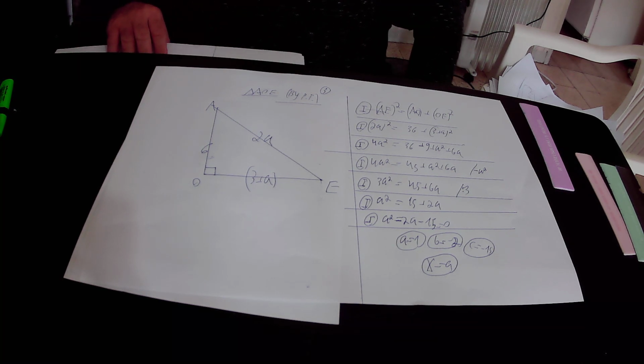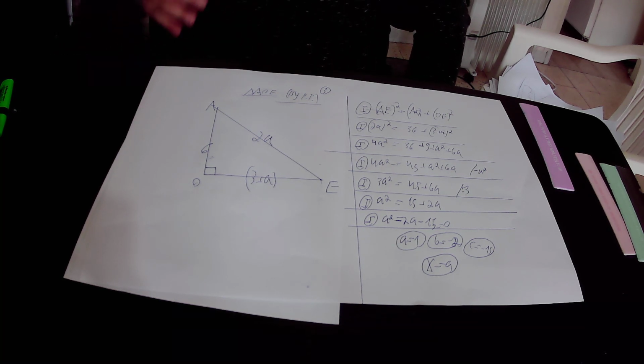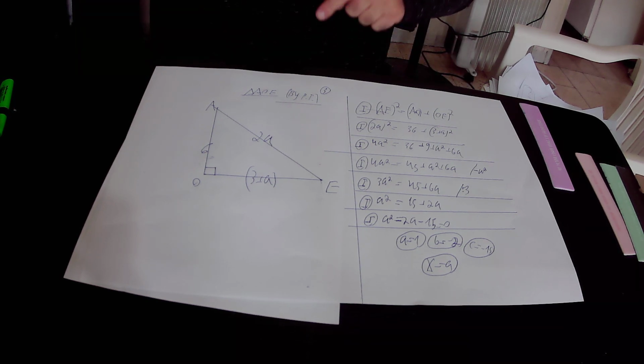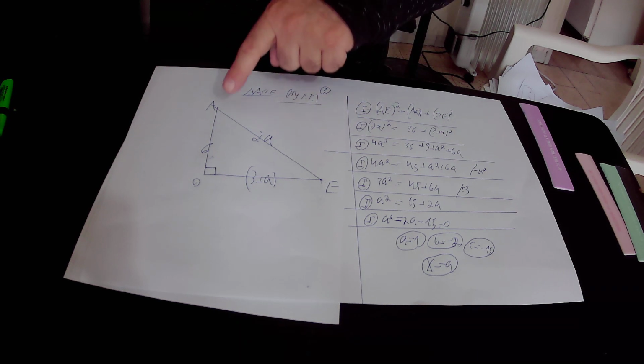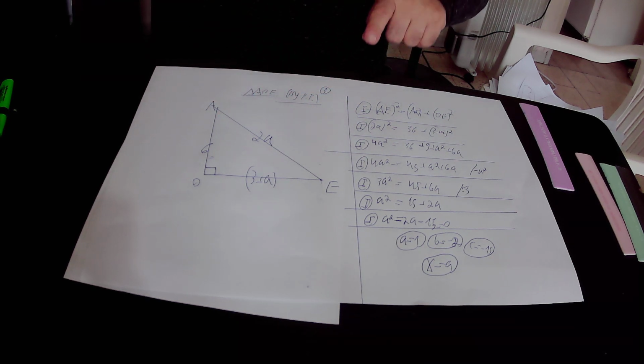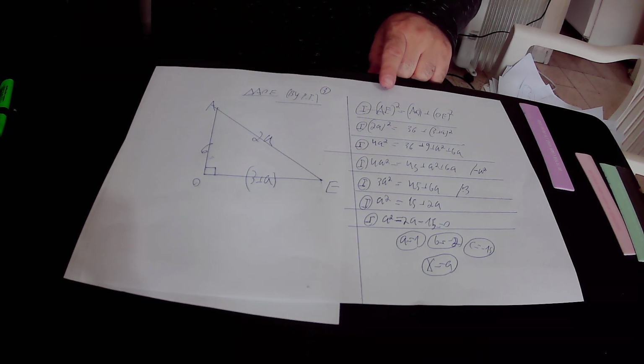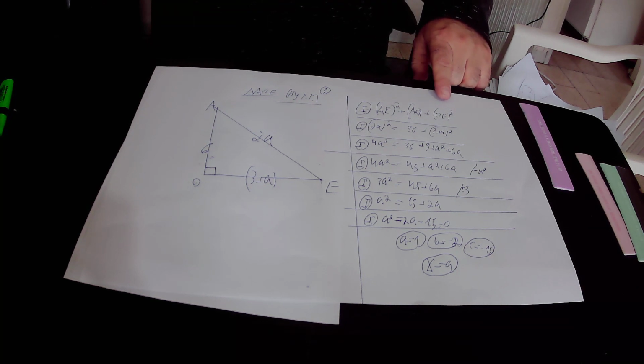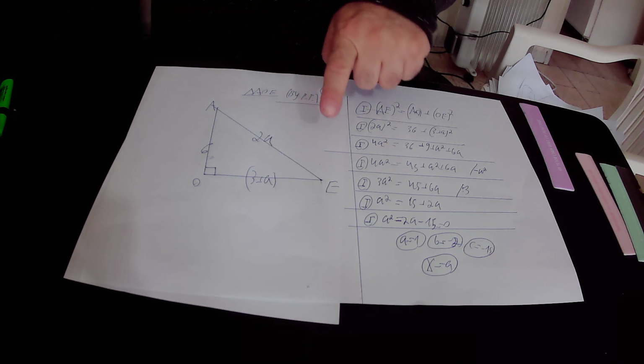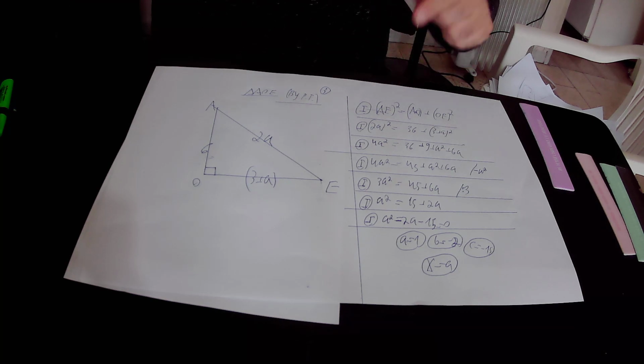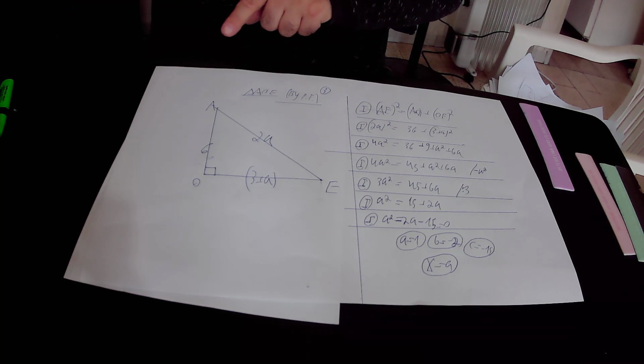In this right triangle AOE, according to the Pythagorean theorem, the square of the hypotenuse equals the sum of the squares of the perpendicular sides, that is AE squared equals AO squared plus OE squared. AE equals 2A, so 2A squared equals AO squared.